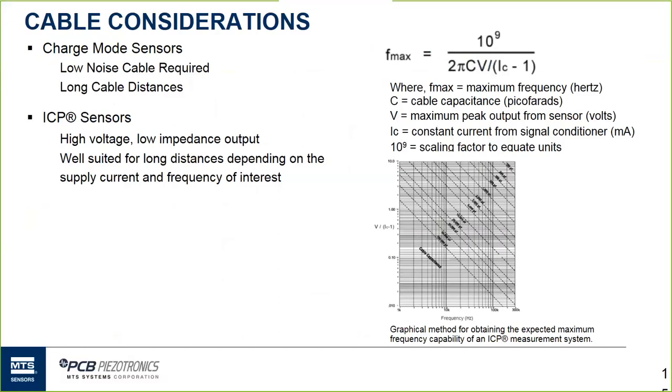To your right is a chart and also a formula that you can use to calculate the influence of cable capacitance. Its influence is that it can mitigate frequency response when the cable length exceeds, say, 100 feet or so, which it does in specific applications.